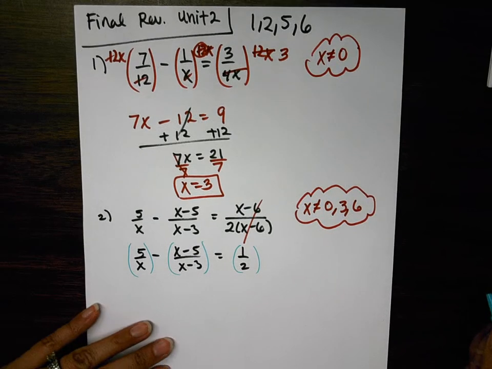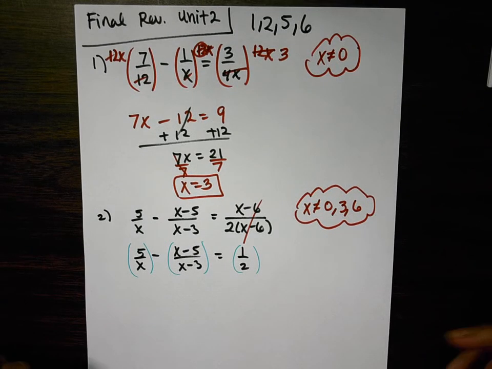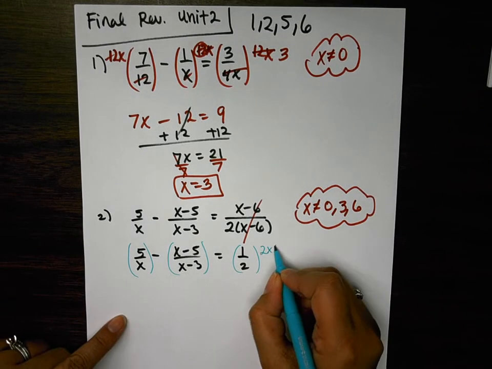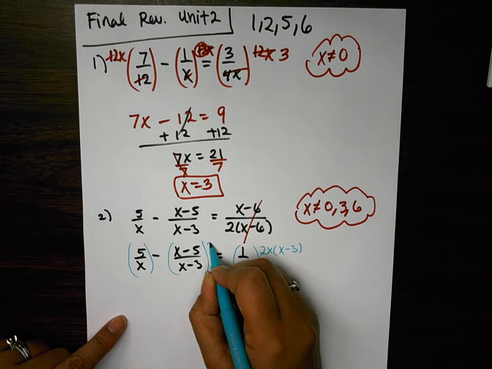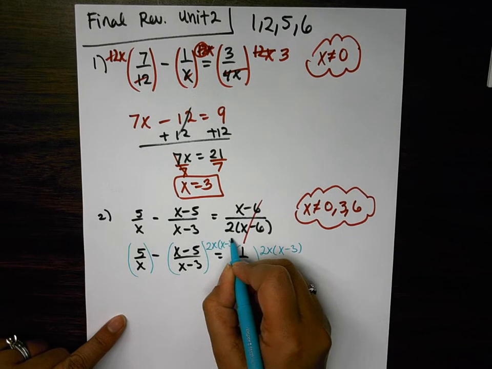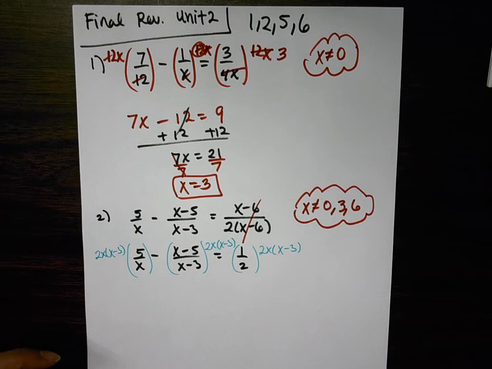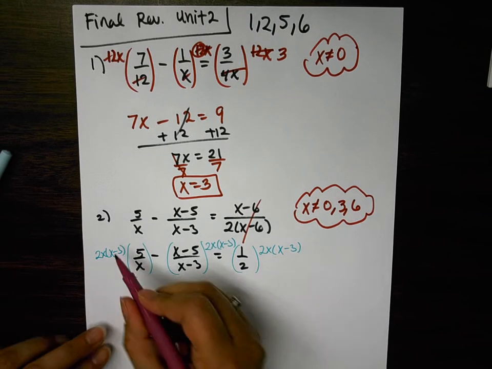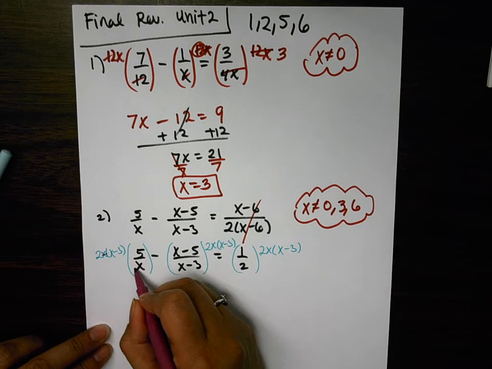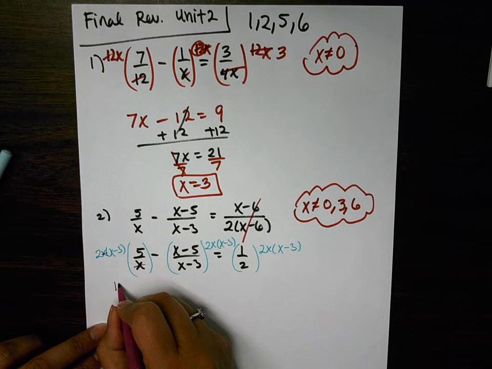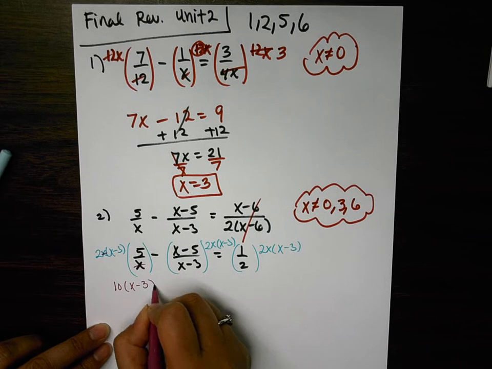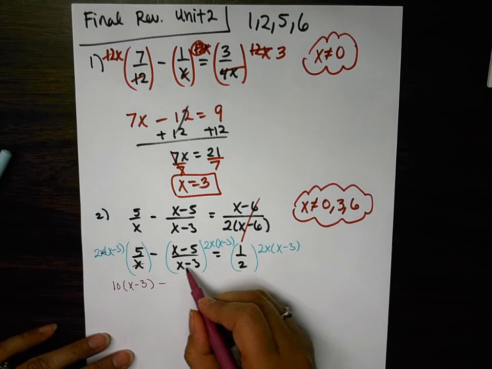And what do we multiply everything by to clear? 2x times x minus 3, to every single term. All right, first one, what reduces? The x, leaving behind 2 times 5, which is 10.